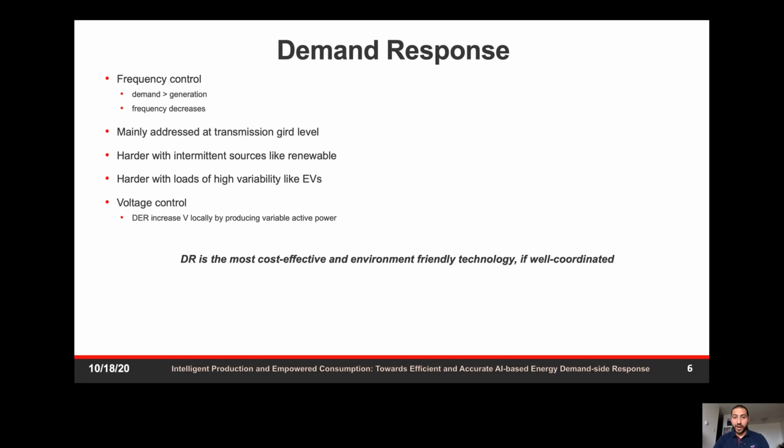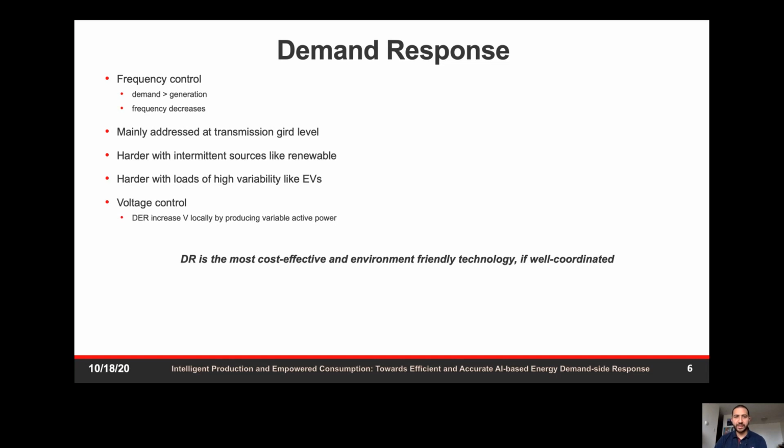Demand response also applies to different areas of utilities, not just interacting with the consumer and what their preferences are. So a utility needs to control the frequency of the grid in general, and needs to control the voltage of the grid in general. Now, in terms of frequency, if the demand increase is more than the generation capacity, the frequency decreases, and vice versa.